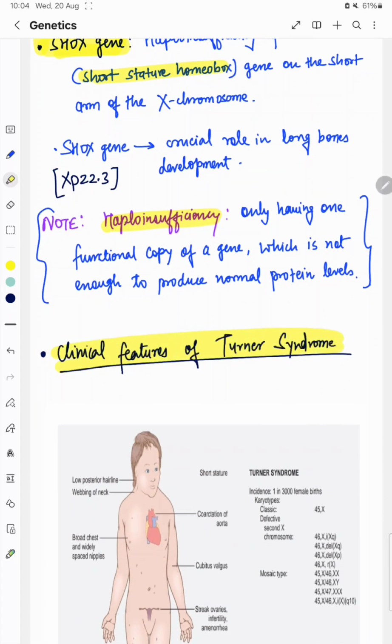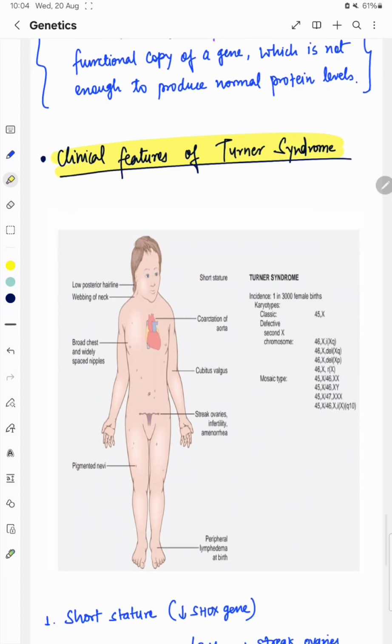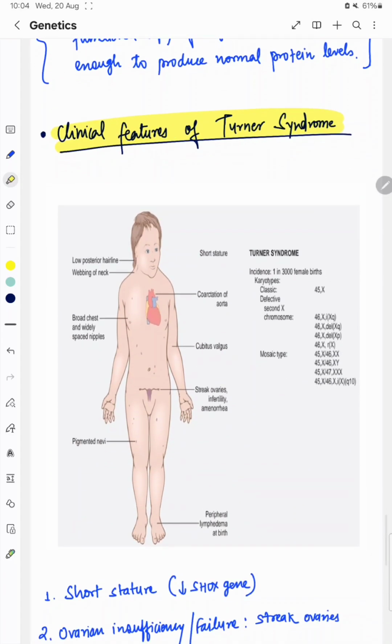What are the clinical features of Turner syndrome? Let's discuss. This image is given in Robbins, a very beautiful image which represents the common clinical features or phenotype shown by a patient with Turner syndrome.